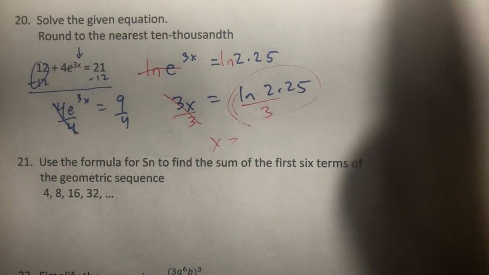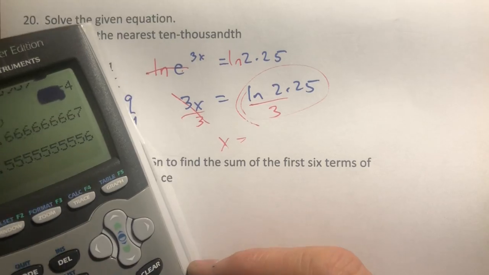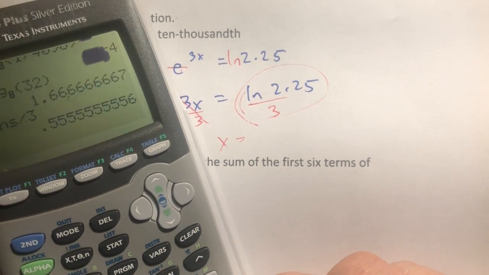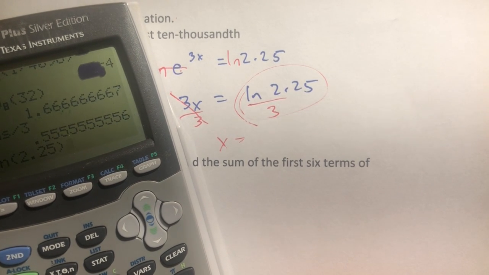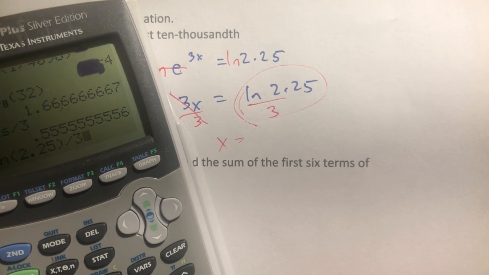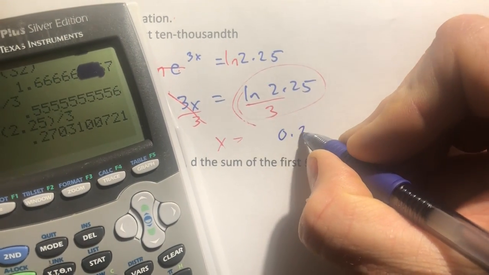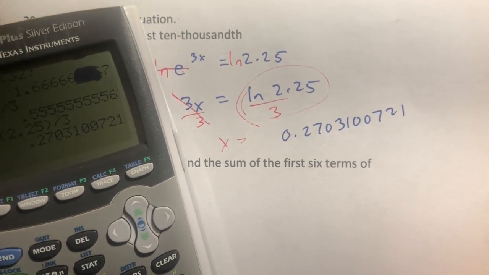So let me punch it in. Okay. So I have natural log. Here's the natural log button right here, see, ln. Hit that button. 2.25. Close it up. Divide by 3. I get this right here, 0.27031000721.